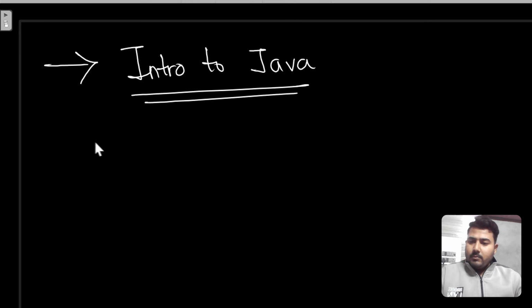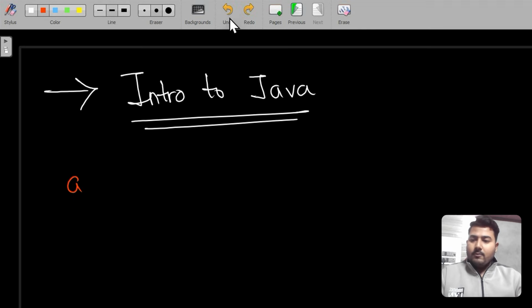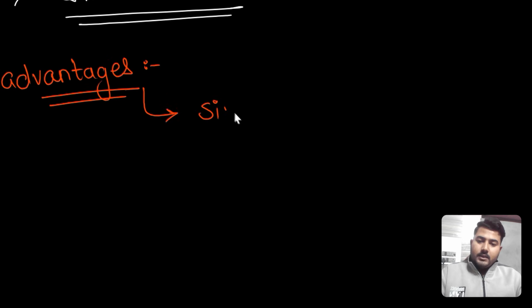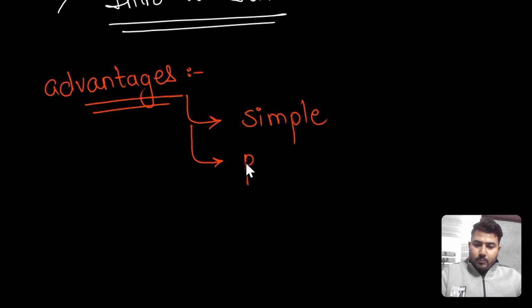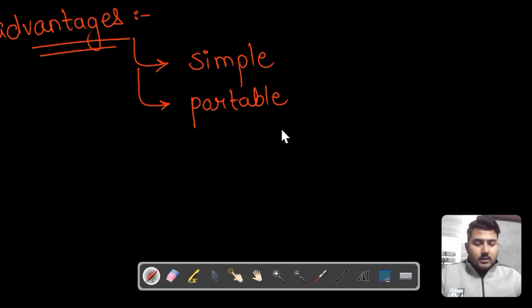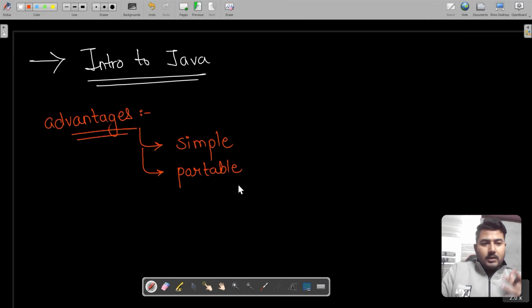But some major advantages that we have in Java, let me just write those down, list those down. It is as simple as possible. Most of the syntax, most of the things which we are going to write down are going to be self explanatory. Okay. Along with simple, it is also portable. As I have just mentioned, Java language is totally platform independent. How it got platform independent, we'll get to that part later.